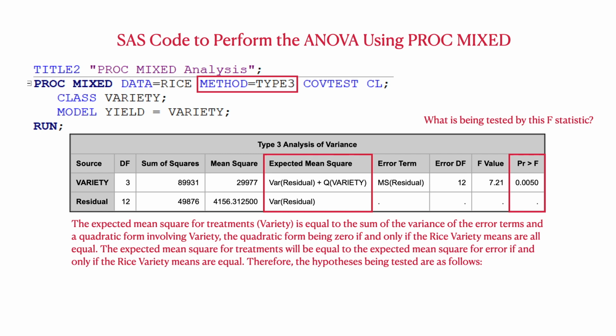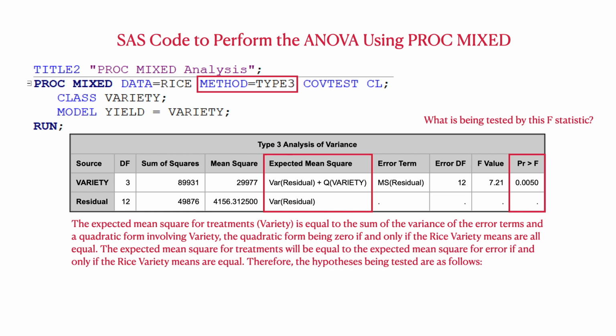That quadratic form is going to be 0 if and only if the Rice variety means are all equal. So the expected mean square for treatments will be equal to the expected mean square for error, which, by the way, is just the variance of the error term, if and only if the Rice variety means are equal.